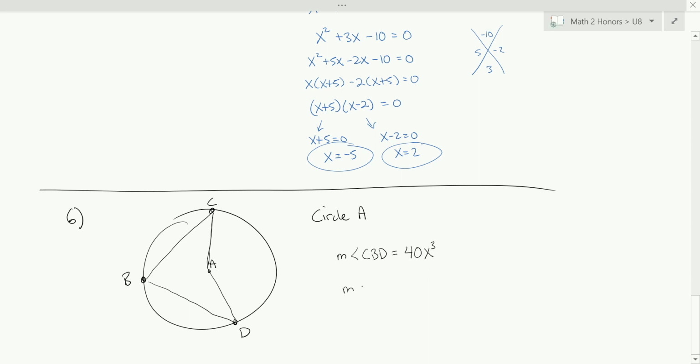And the measure of angle CAD is 10. Doesn't look like it, but let's imagine it's 10 degrees. And I'd like you to solve for x.